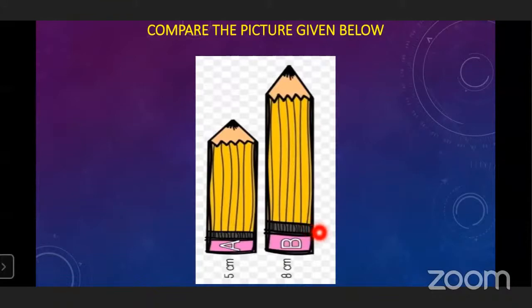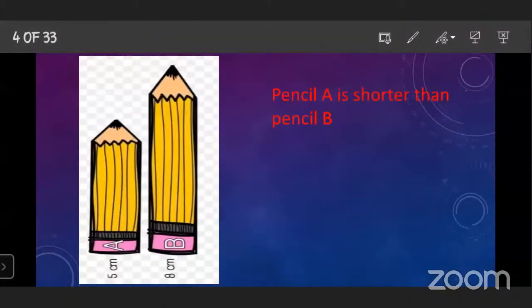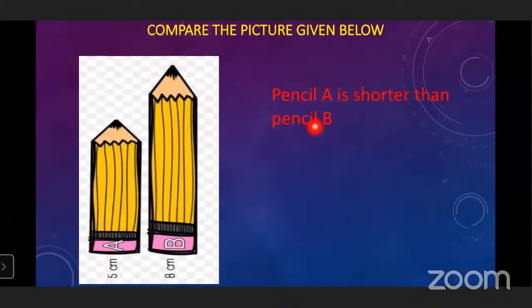Yes, very good. Pencil B has a length of 8 centimeter. Here two pencils are given, and pencil A is shorter than pencil B.